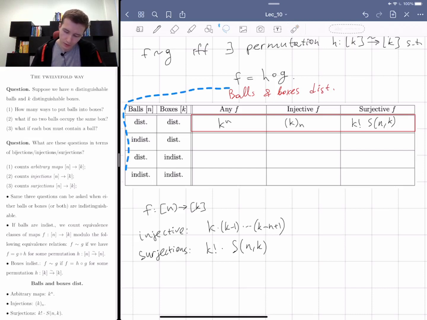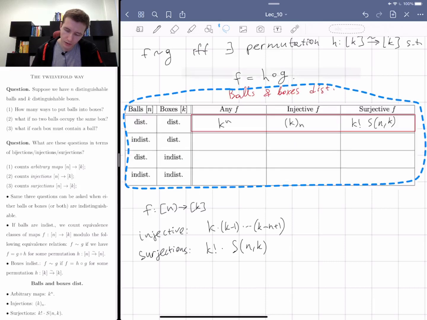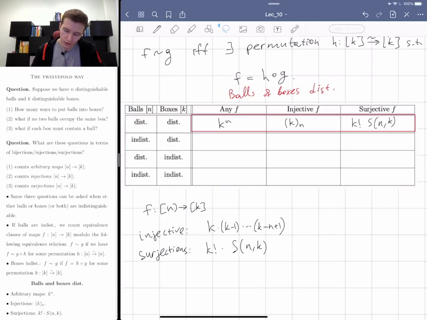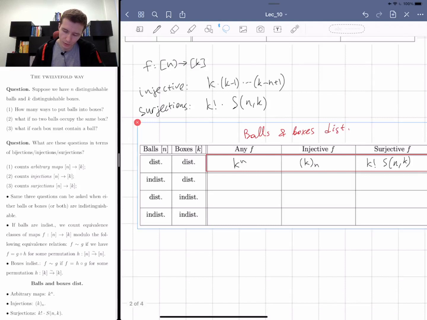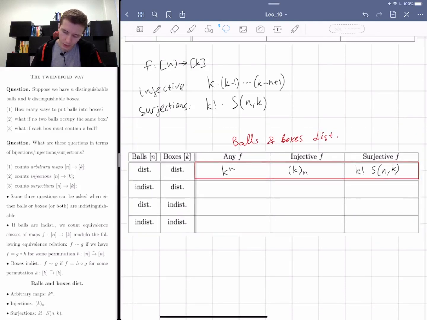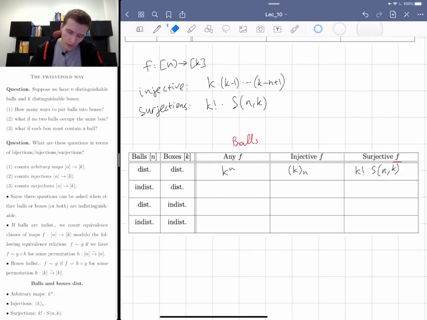And then let me try to do the second row, which is presumably slightly harder. So for the second row, balls are indistinguishable, boxes are distinguishable.